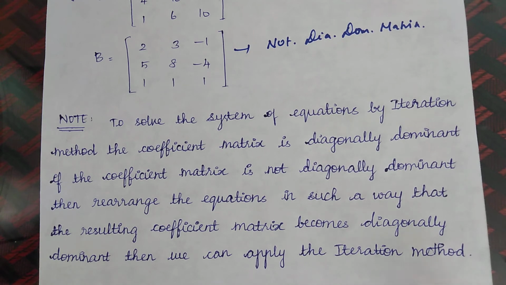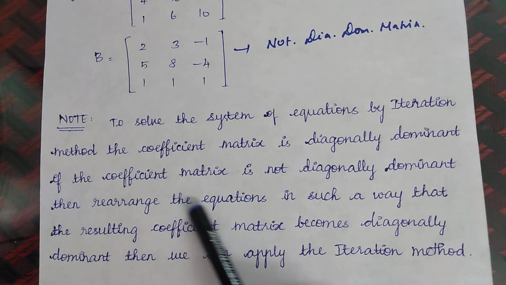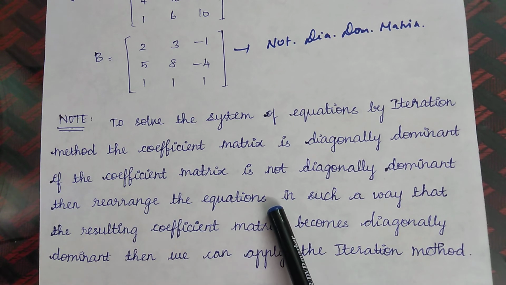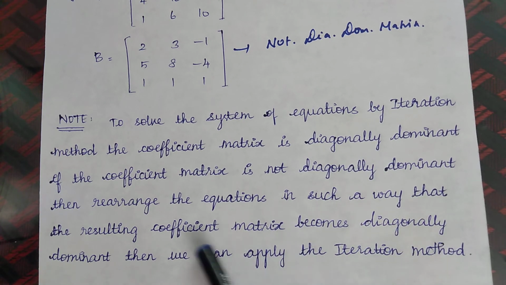So in the next lecture onwards, we are going to apply the iteration method. For doing the iterative methods, the given system of equations should be in diagonally dominant form. If it is not, we have to rearrange the given system of equations in such a way that the matrix becomes diagonally dominant. Then only we can apply the iteration method.